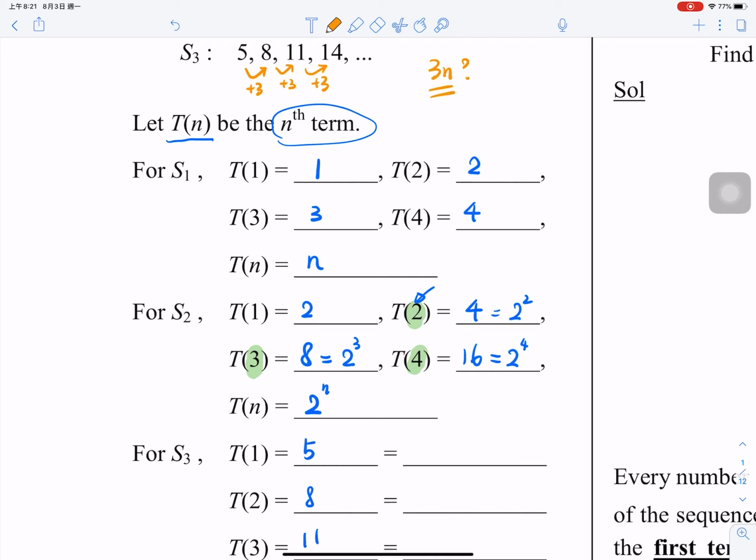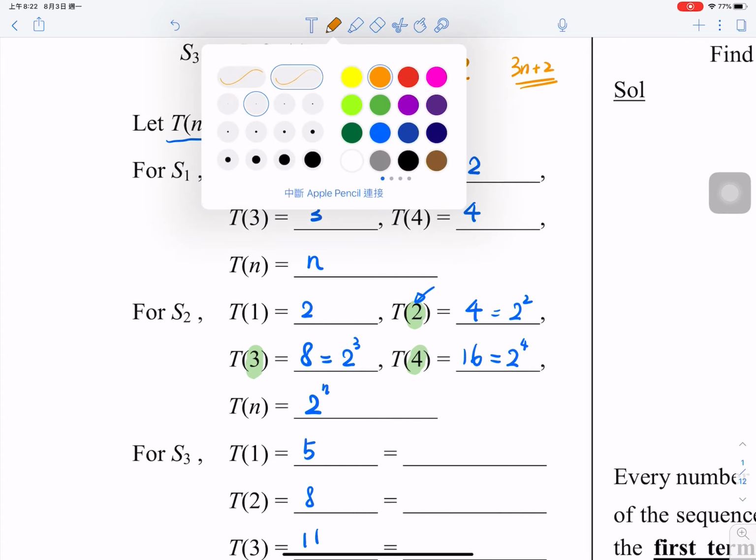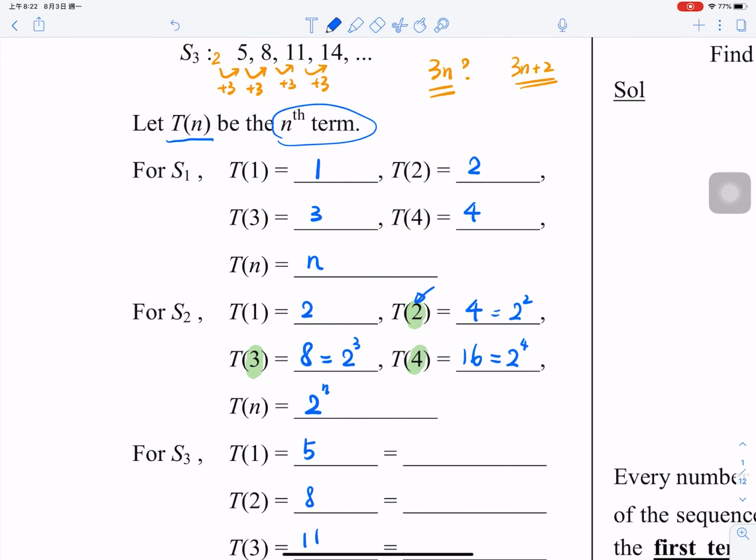Then I ask you to think, if we have the 0th term, what is the number? Yeah, the number is 2, right? So this one at the end is 3n plus 2. So now you're in Form 6, so we will not choose this method. We'll have a look how to find out the general term later, next session. So come on, have a look at this one first.